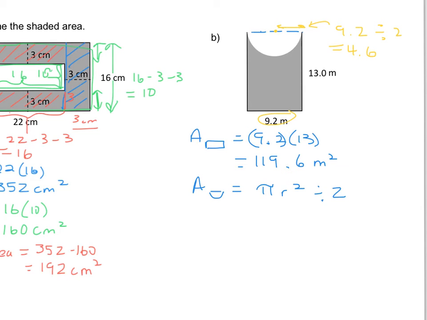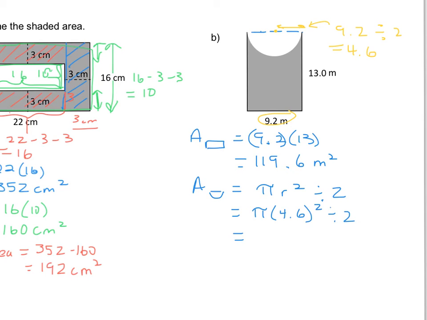Okay, so that's the radius that I'm going to use in my formula for my circle. So we have our 4.6 to the exponent of 2, and then we're going to take that answer and divide by 2. So you can put that into your calculator all in one step. Remember, find where your pi button is. Use your pi times, and then 4.6 to the exponent of 2. Make sure you do that 4.6 to the exponent of 2.